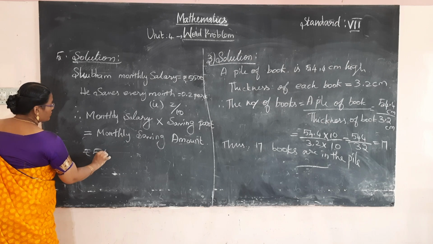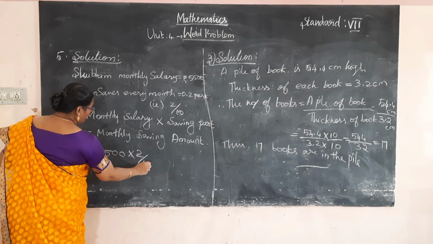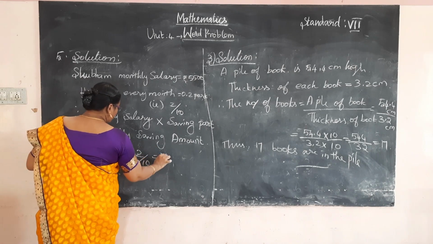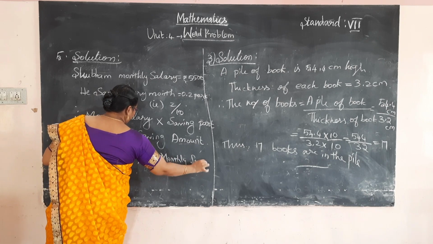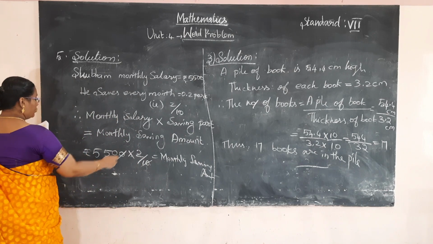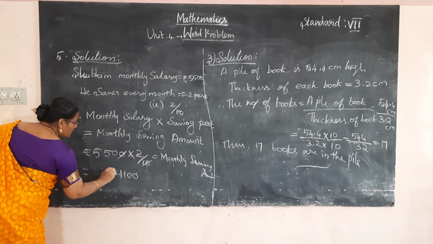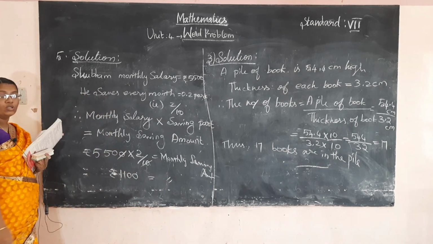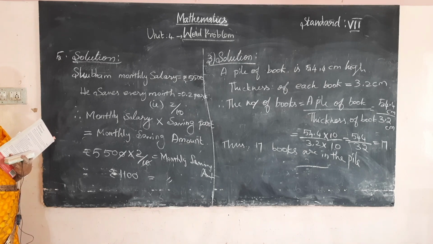Rupees 5,500 into saving part 2 by 10, is it? So multiply, what we get? 1,100 rupees. So monthly saving amount is 1,100. We have to find out the per year.